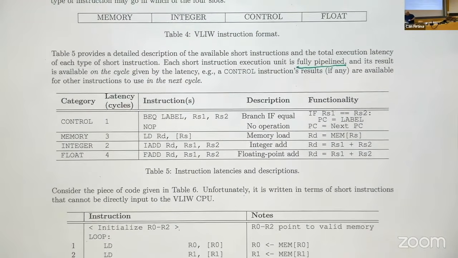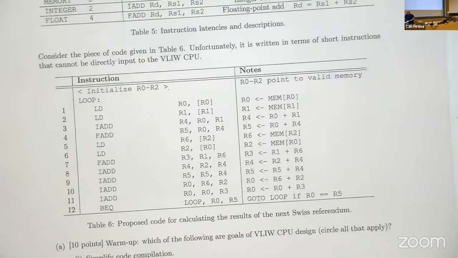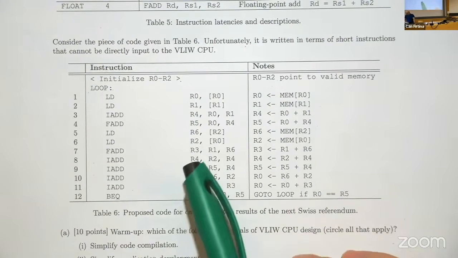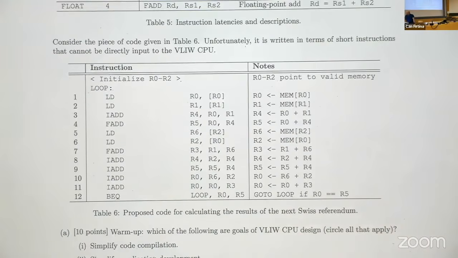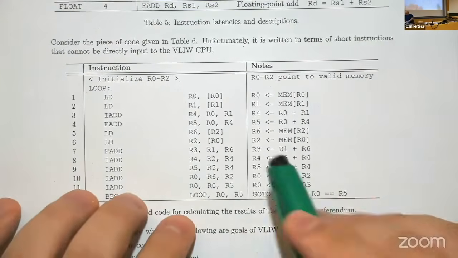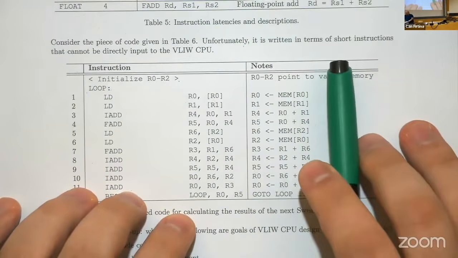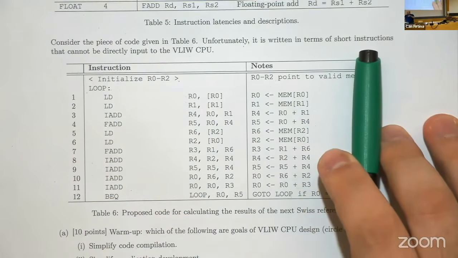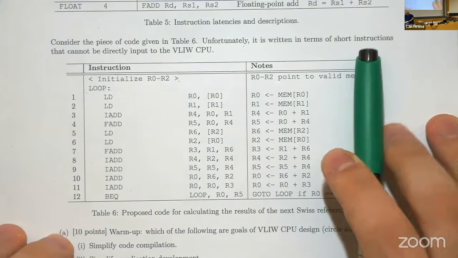So then we are given another table, this time with a piece of code. Unfortunately, you are going to be the compiler. So you know that this is the code that was generated from some application. However, this code contains a sequence of short instructions. So we cannot directly input these short instructions into the VLIW instructions, and that's going to be your job for today.